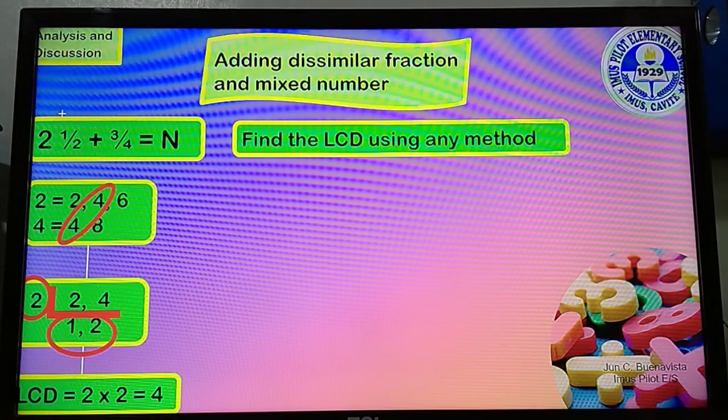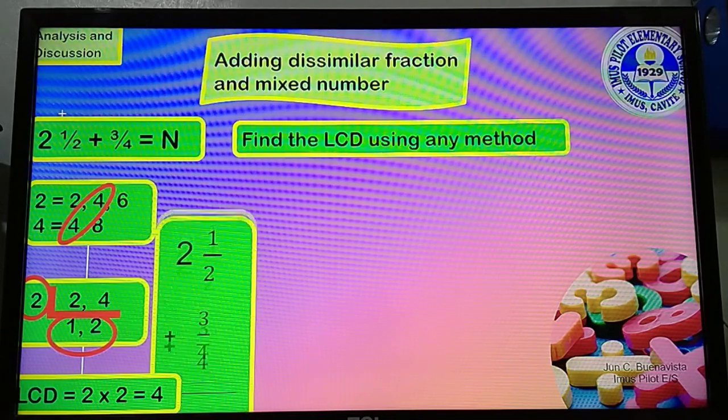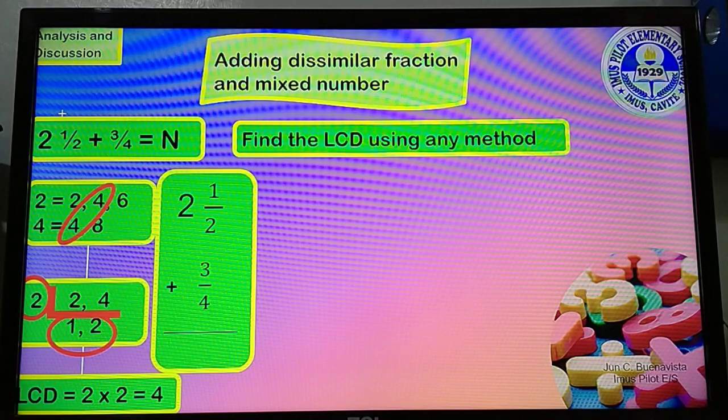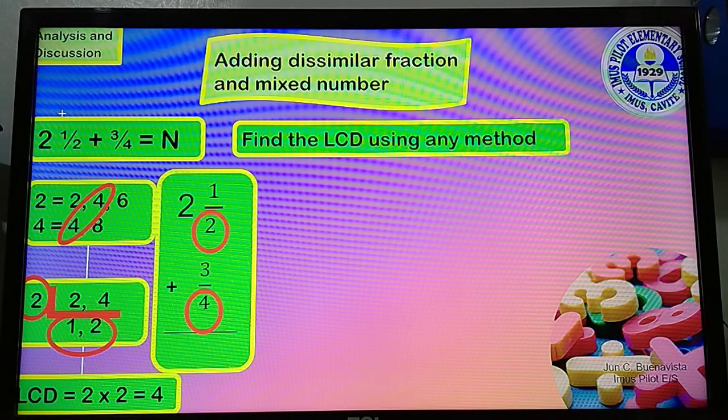Now, we are going to use that LCD to change the dissimilar fractions into similar fractions, so that we can add our fractions. So now we are going to copy the given facts in a horizontal way. Look at this, our denominators are 2 and 4.